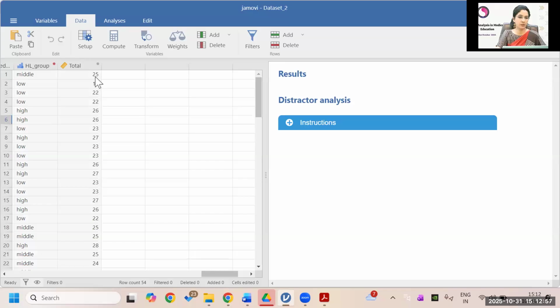Based on this total score, Jamovi divides the data into three sections: the upper 27%, the lower 27%, and the middle 46%.